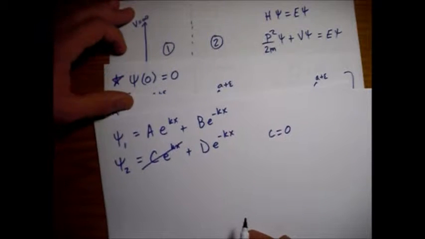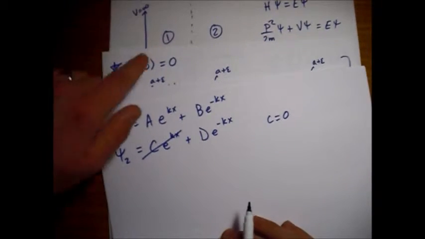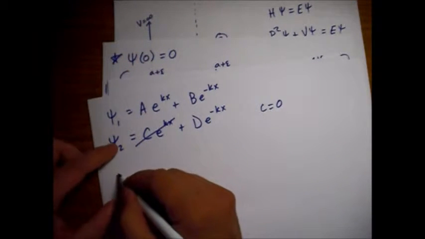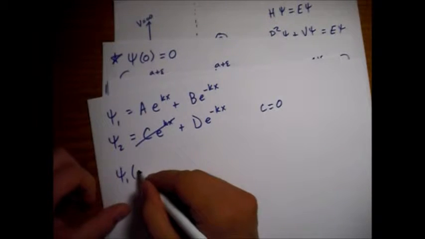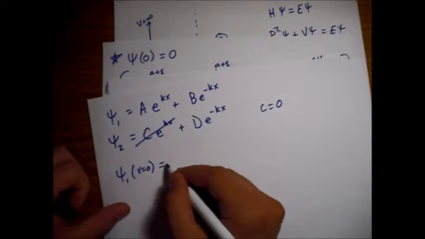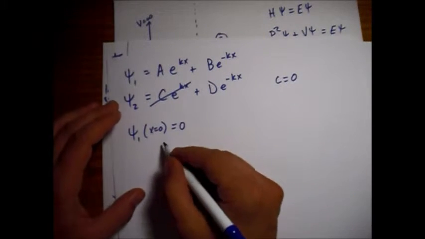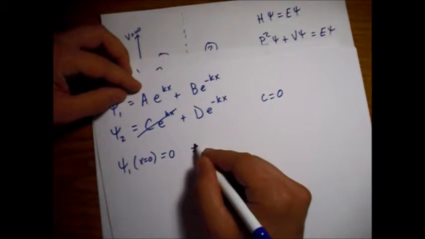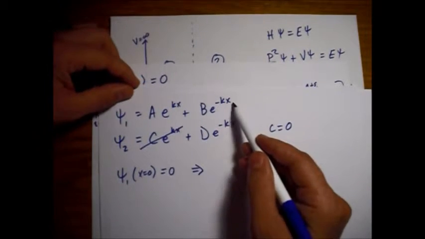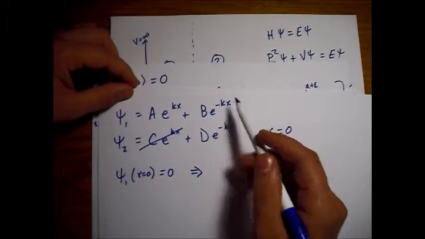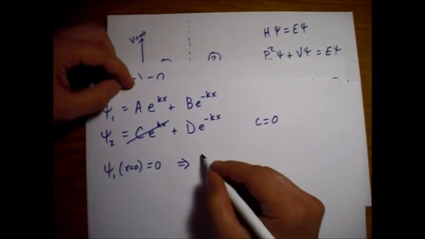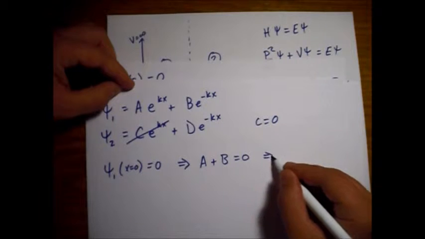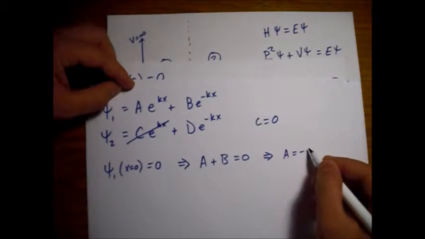So we're looking at this boundary condition with respect to the wall. That tells us that psi 1 at x equals 0 is equal to 0. When we put 0 in for this x and this x, these exponentials just go to 1. So a plus b is equal to 0, or a is equal to minus b.